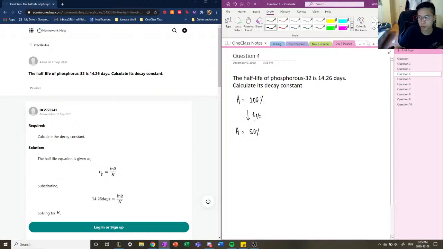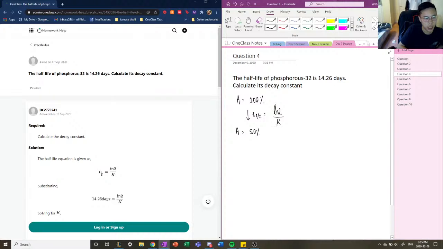So let me just write out that definition here. The half-life can be calculated by dividing ln of 2 by what we call the decay constant. This decay constant basically determines how fast or how slow a half-life is.